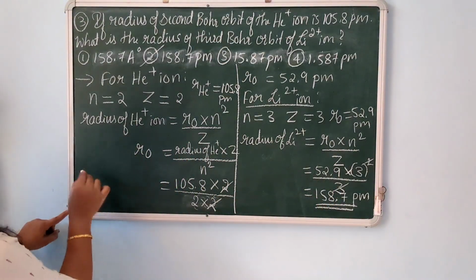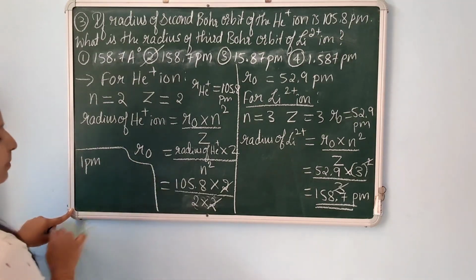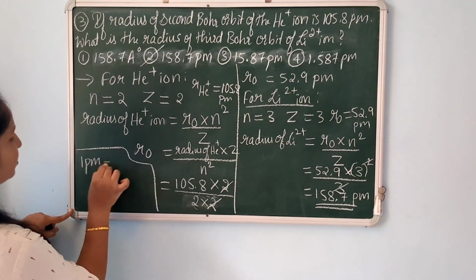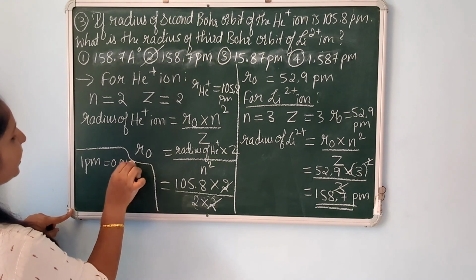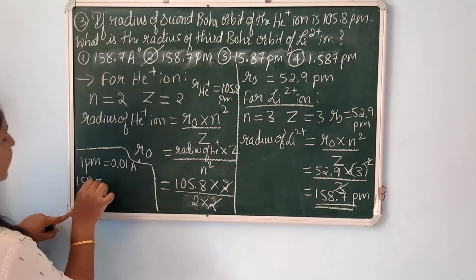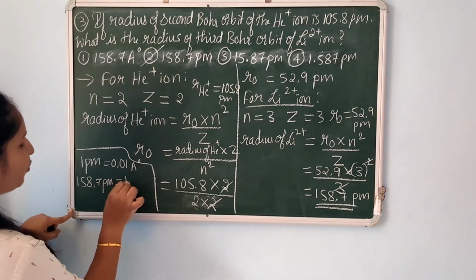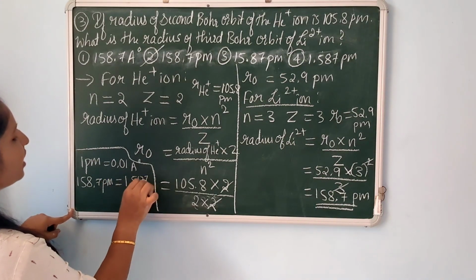We know that 1 picometer is equal to 0.01 angstrom. Then 158.7 picometer is equal to how much? It will become 1.587 angstrom.